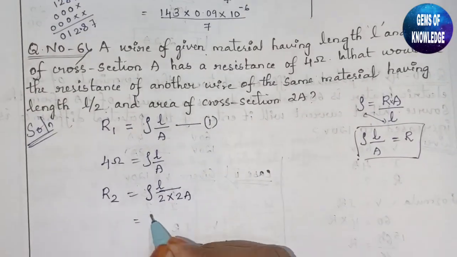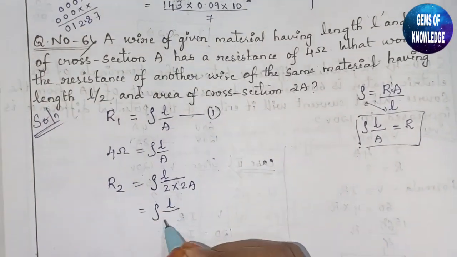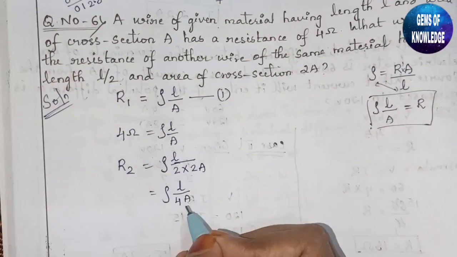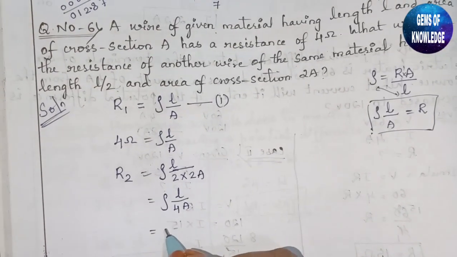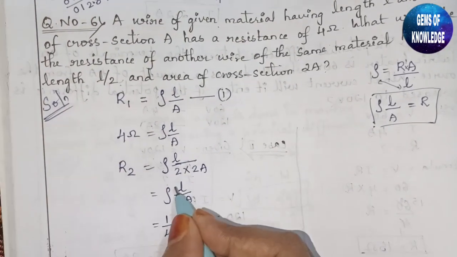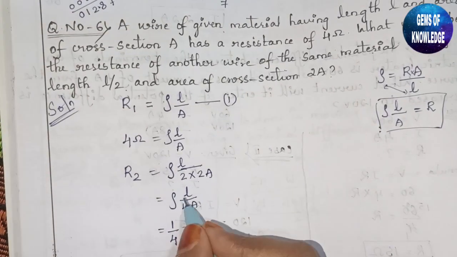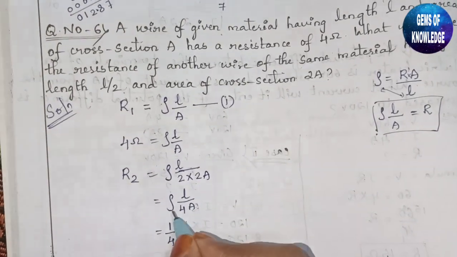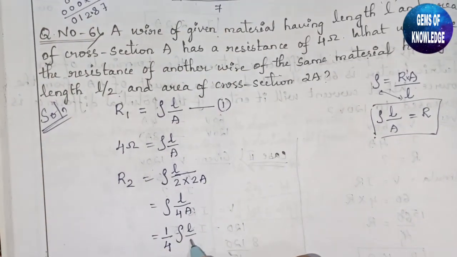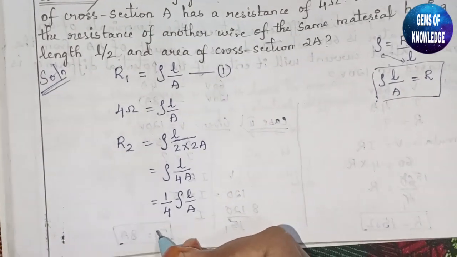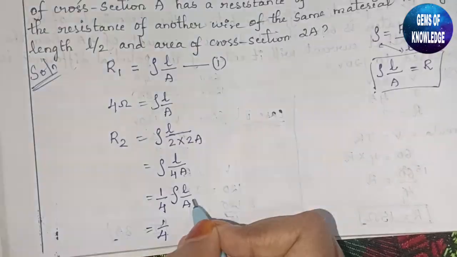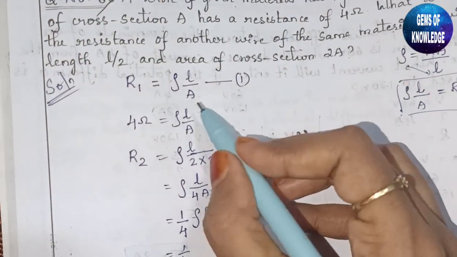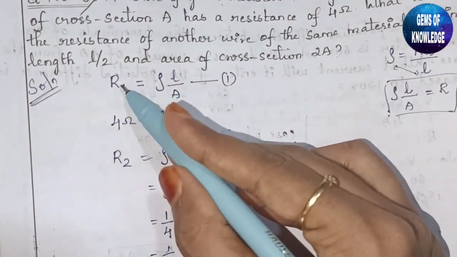Now we are having rho L by 2 into 2 is 4A. Okay, so this will become, if I take this 4 outside, it is 1 by 4, because here if nothing is there it is 1 by 4. What is remaining? Rho L by A is remaining. Okay, so 1 by 4 we will keep as it is. Rho L by A, it is R1.